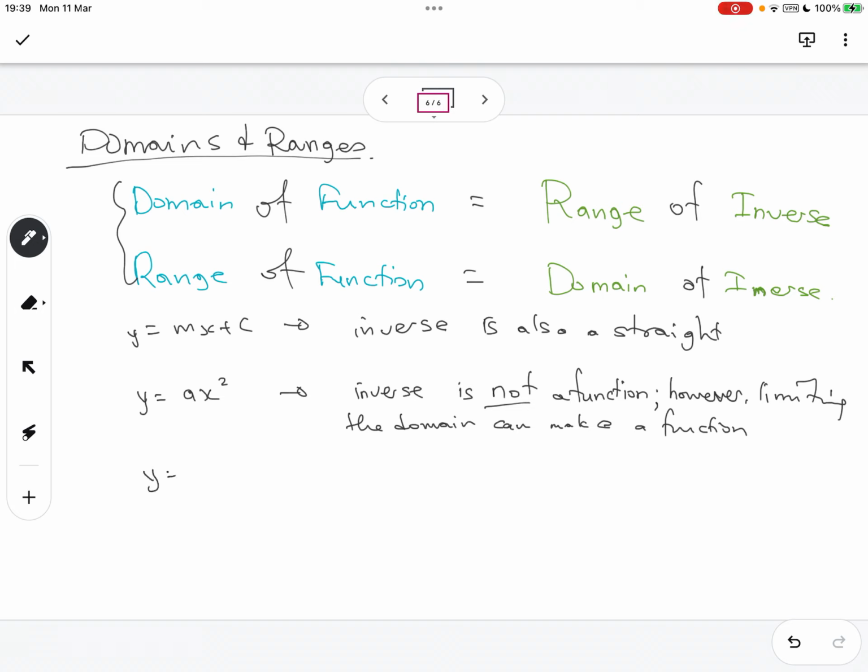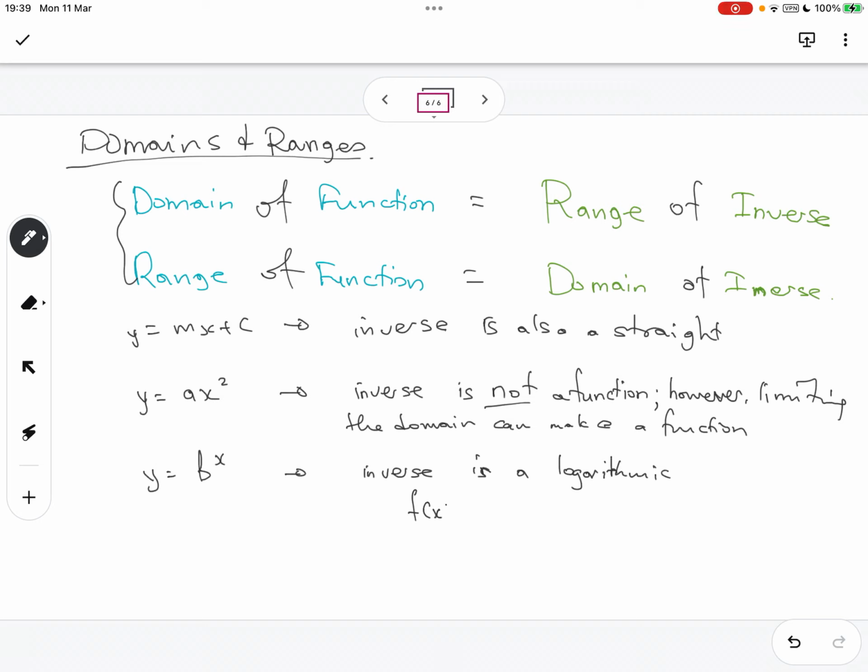Right? And then for the exponential function, the inverse is called a logarithmic function, and we'll see how that looks and how the different rules of manipulating those types of problems work.